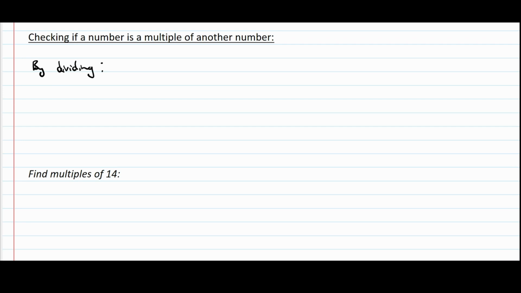Now let's look at another example. Say I was given the number 169 and asked if this is a multiple of, say, 3. Unlike the previous example, we can't look at the last digit. We can't just use that kind of method to see if it really is a multiple or not.